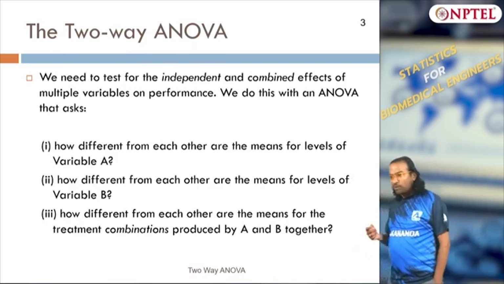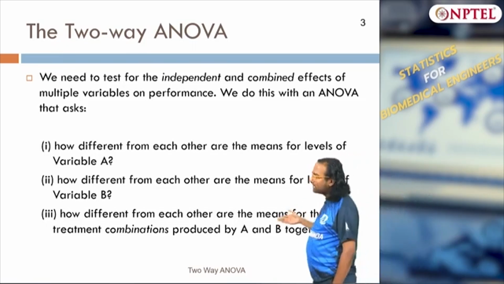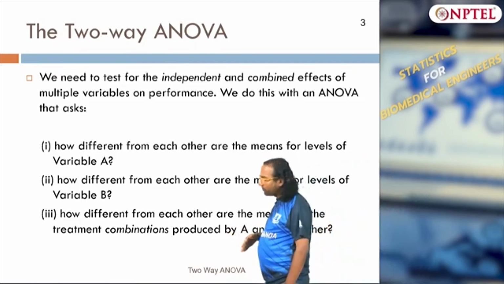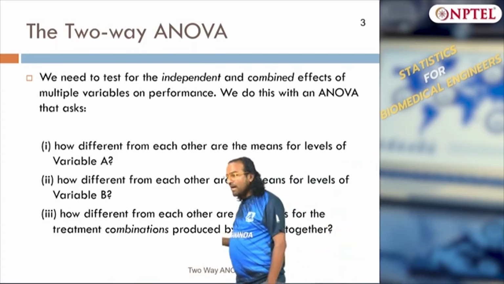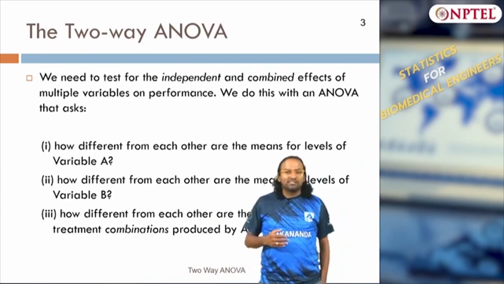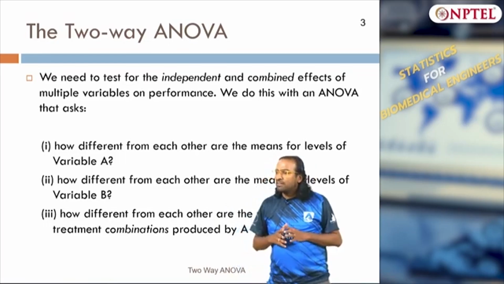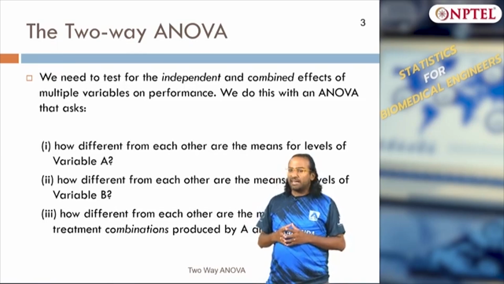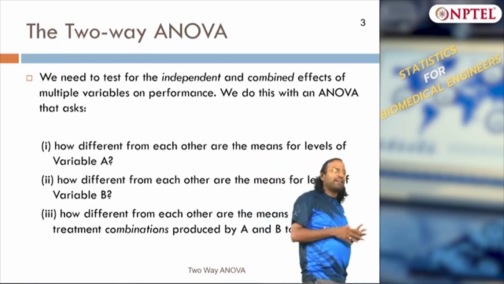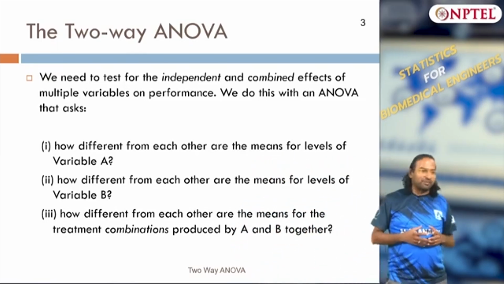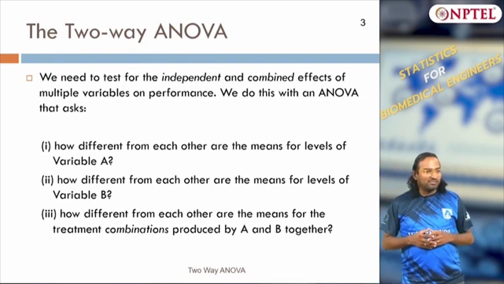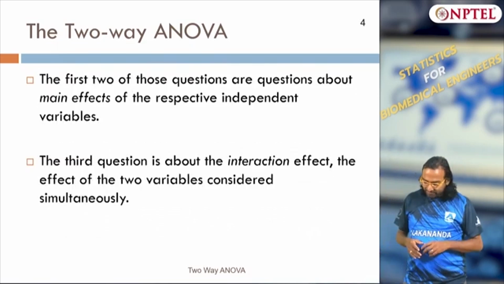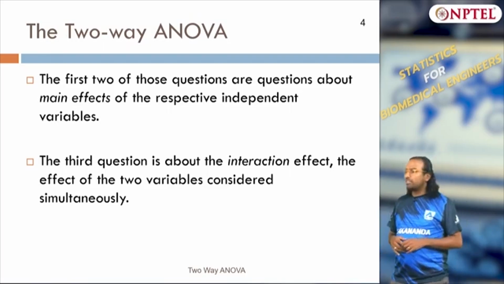The questions we could ask is how significant is A, effect of A, effect of B, and the third important question is how do they gel when they combine together, effect of AB, right, treatment A and treatment B when I combine, what are the effects, okay, unlike independent.